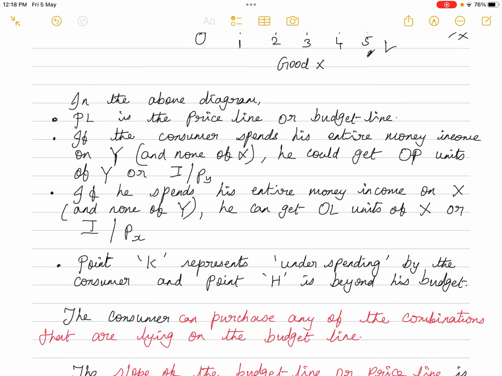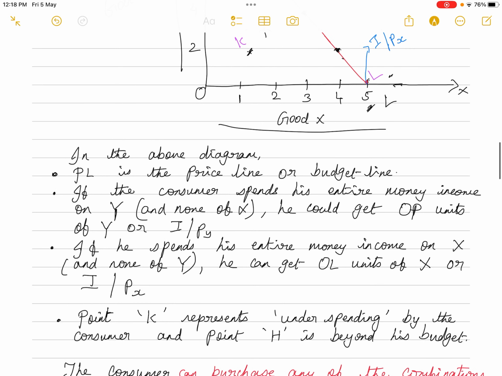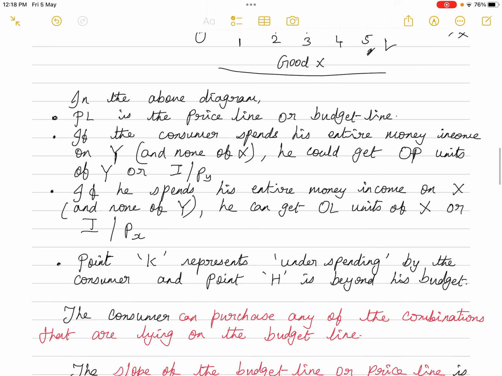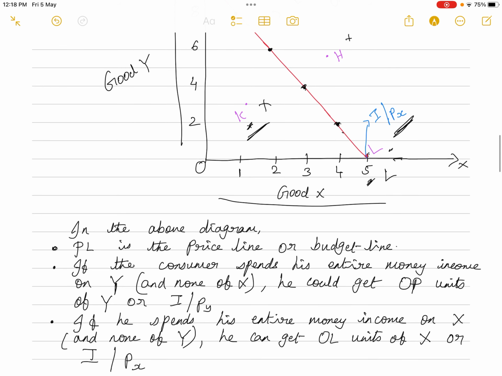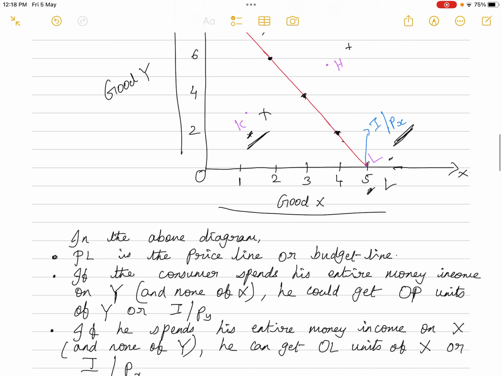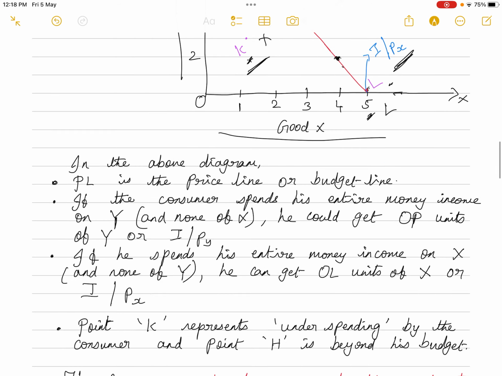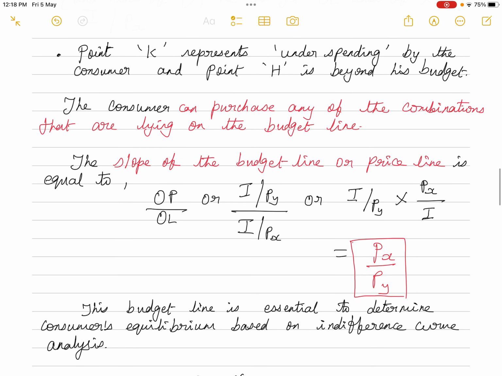If he spends his entire money income on X and none on Y, he can get OL units of X, or I by PX. Point K represents underspending by the consumer, and point H is beyond his budget. So the consumer can purchase any of the combinations lying on the budget line.